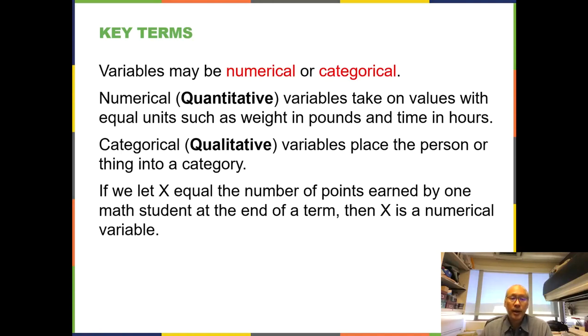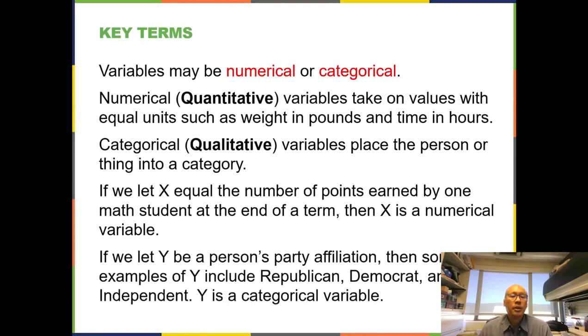We call them X or Y. So if we let X equal the number of points earned by one math student at the end of the term, then X would be called numerical data. And again, it's not just one number, it would be a whole string of numbers. And then Y would be a person's party affiliation. Then Y isn't just, say, Republican, Democrat, or Independent. Y would be a list of these labels, these categories, Republican, Democrat, or Independent.